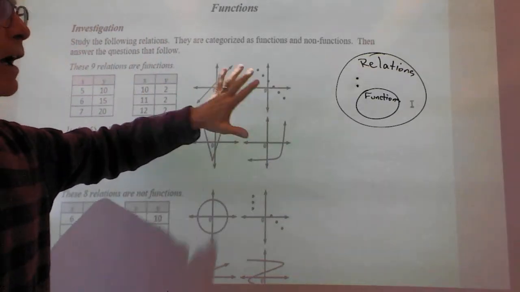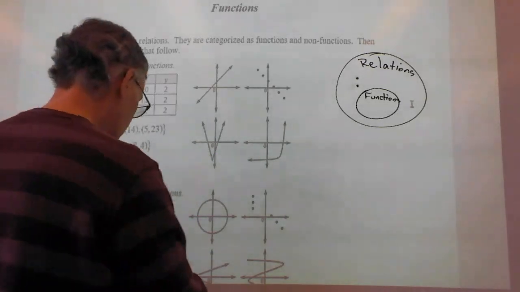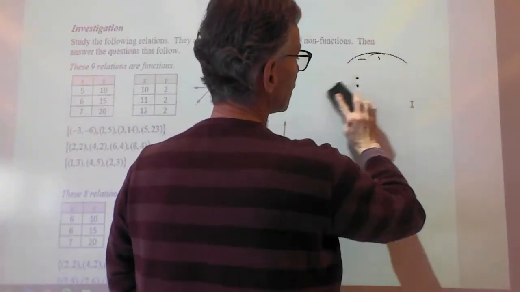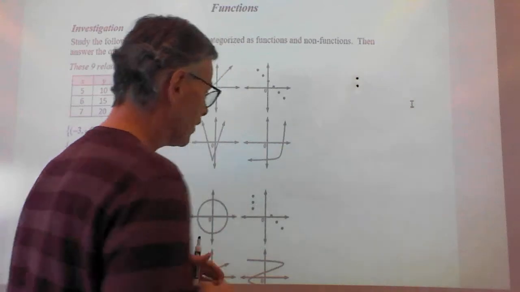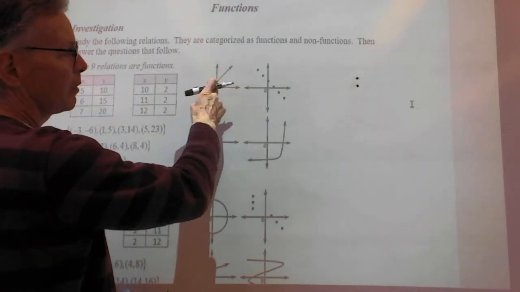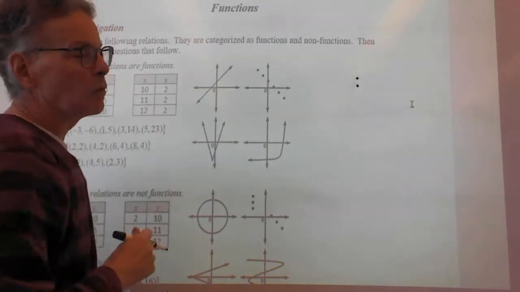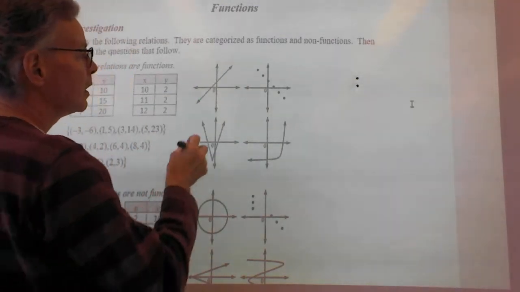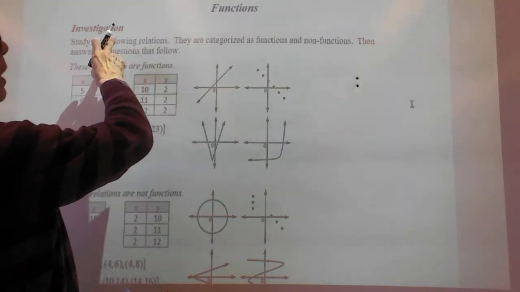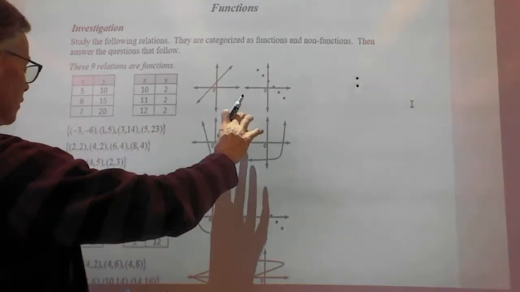If you have a graph, it's really, really easy. Okay? Because all you have to do is ask yourself, if I draw a vertical line through this graph, will it cross this more than once? Okay? So it says here, all of these are categorized as functions, okay?